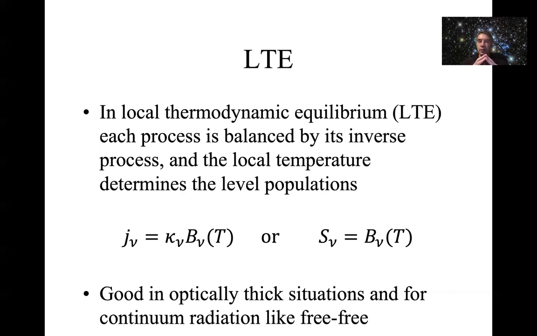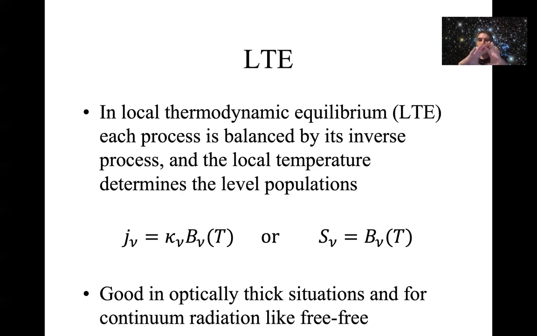Okay. So if you think about situations where that might be good, then optically thick situations are good in that respect. If your medium is optically thick, it means you can't see very far. So any photon you do see is only coming from a small distance away. And if it's only coming from a small distance away, the chances are the temperature is similar over there to what it was here.